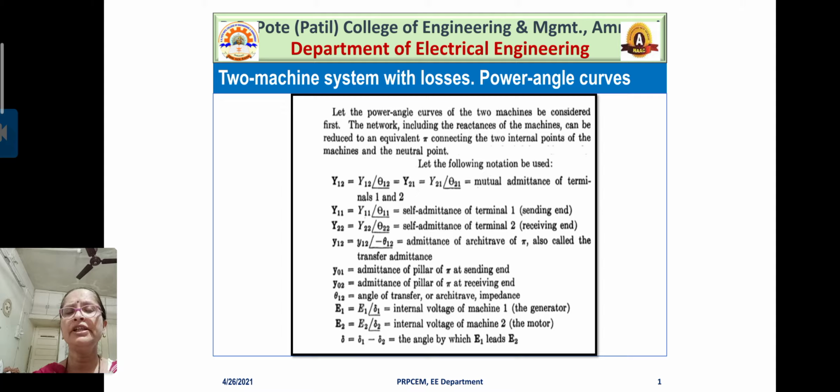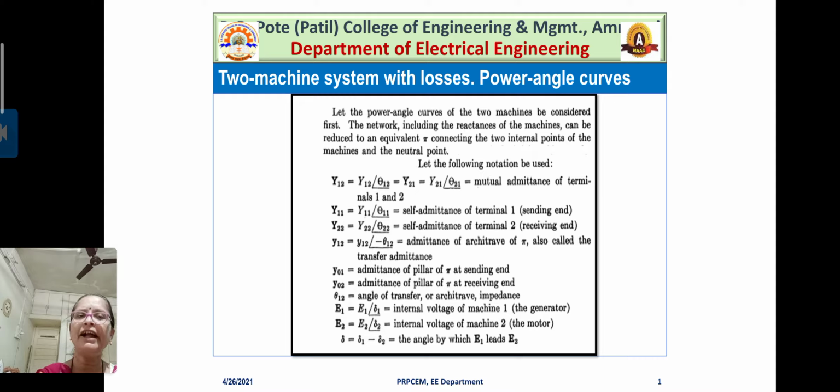We are familiar with these notations from power flow equations, where we construct the Y bus, the admittance matrices. Y12, at angle theta 12 or theta 21, is the mutual admittance of terminals 1 and 2.